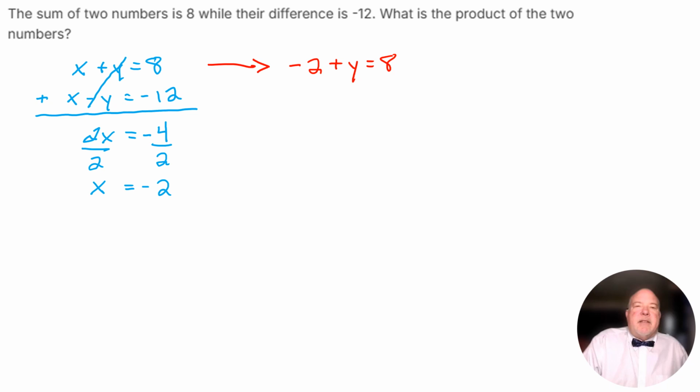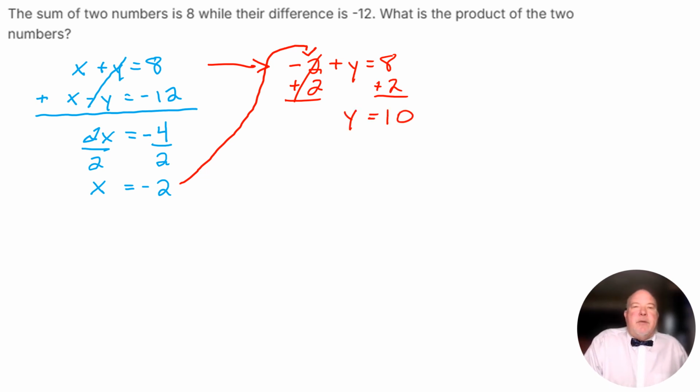So I replaced the x with negative 2. And now I'm just going to solve this. Again, a simple one-step equation, add 2 to both sides. So that's 0. So then I have y equals 10.